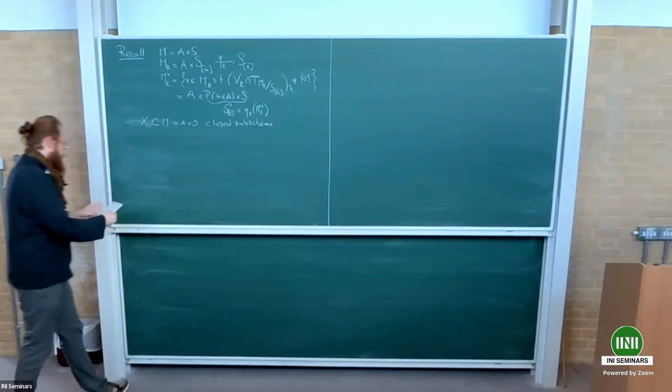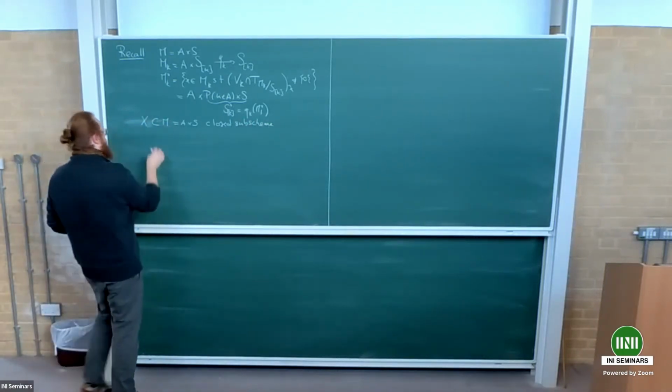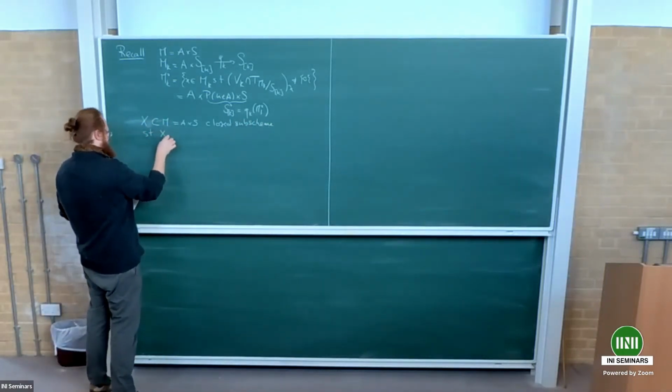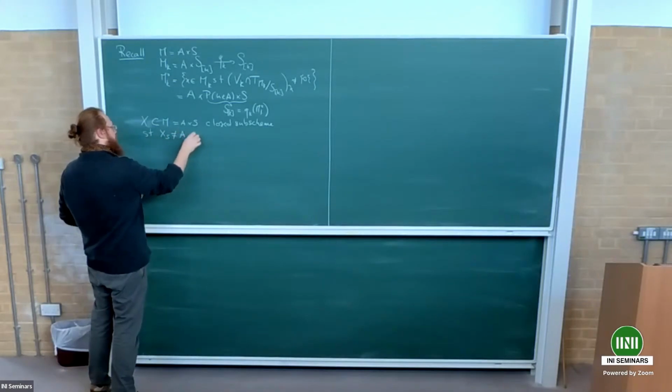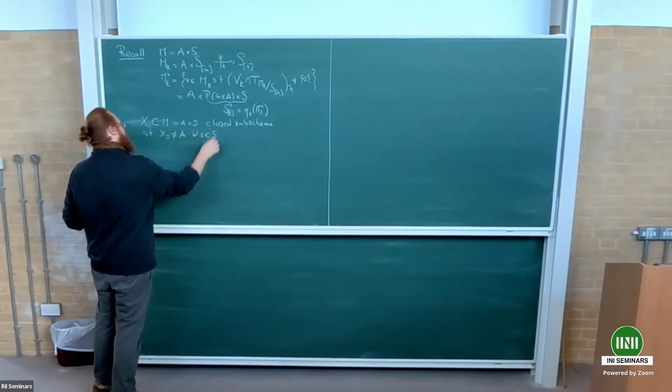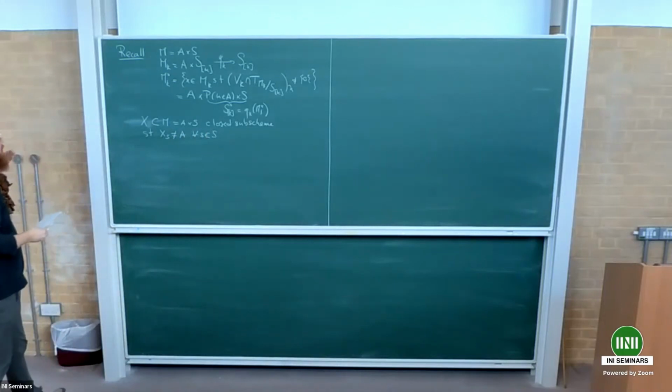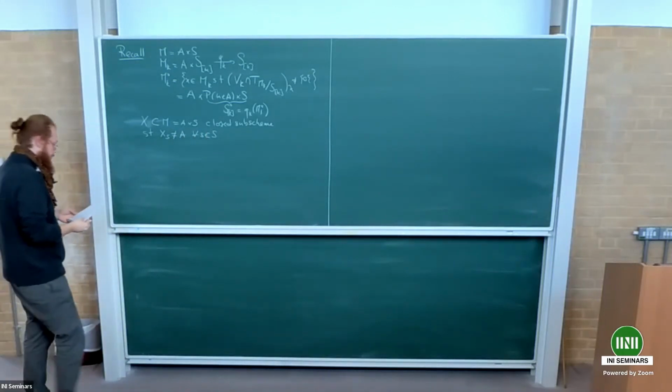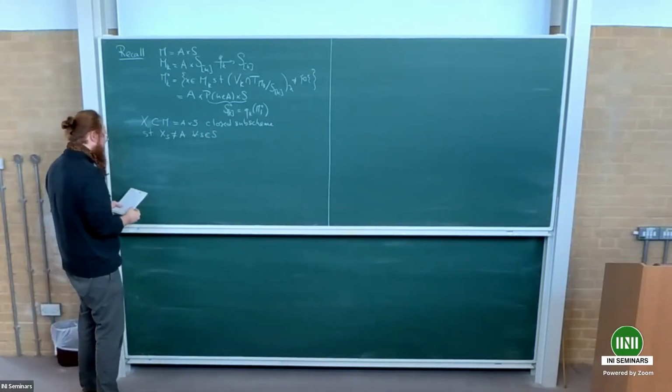And we suppose that XS is different from A for all S in S. So that none of the fiber from this projection is actually the entire abelian variety.